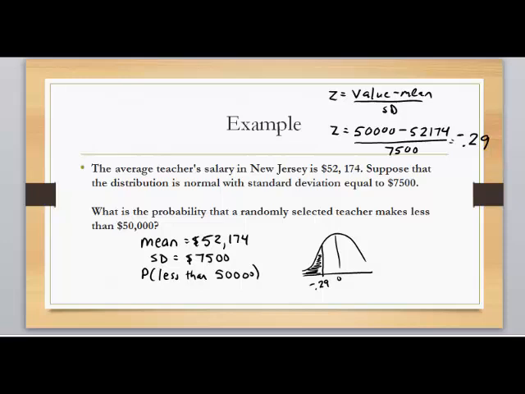So we'll now go to our table and we'll look up 0.29. So the area that goes with a z-score of 0.29 is going to be 0.1141. Remember that that is the area from 0 to the number that you look up.